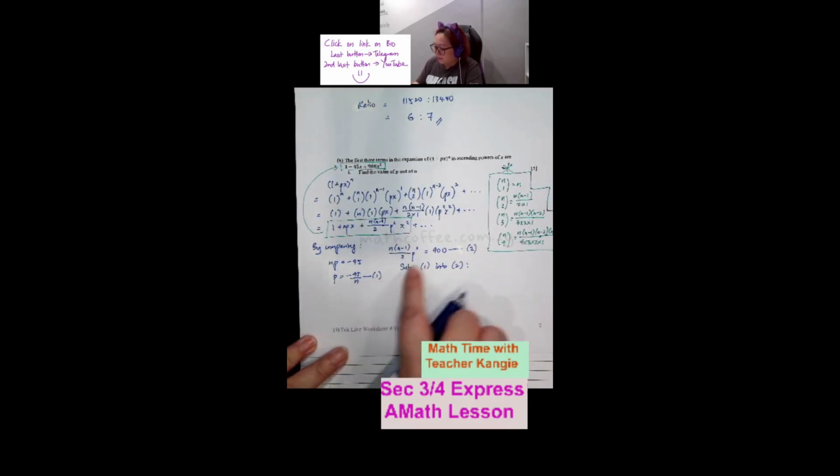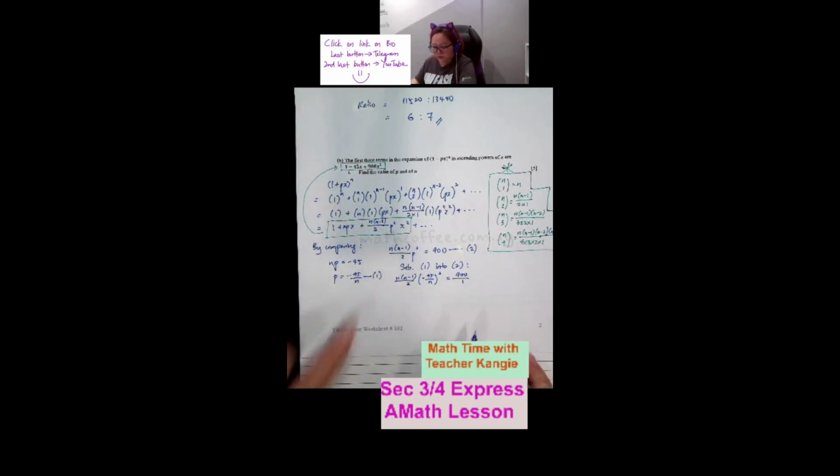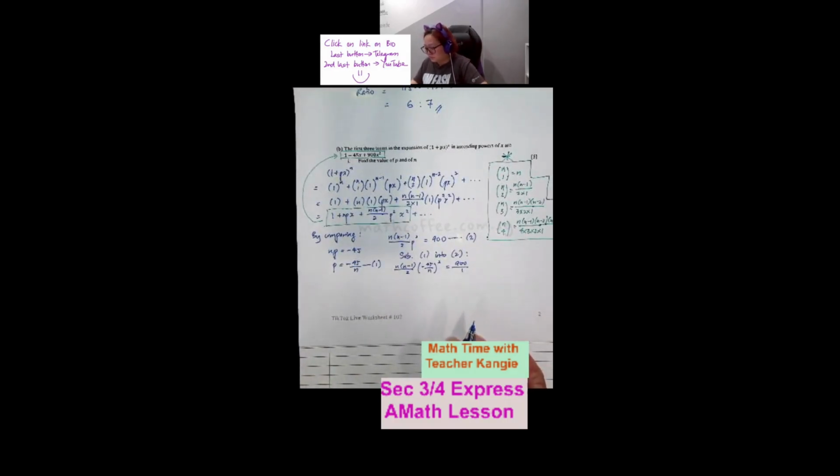Okay, so now we're going to sub it in. So now this n(n minus 1) over 2 remains the same because we're just replacing the p. So now it will become negative 45 over n, squared, equals 900 over 1. So let's settle the square first. n(n minus 1) over 2.